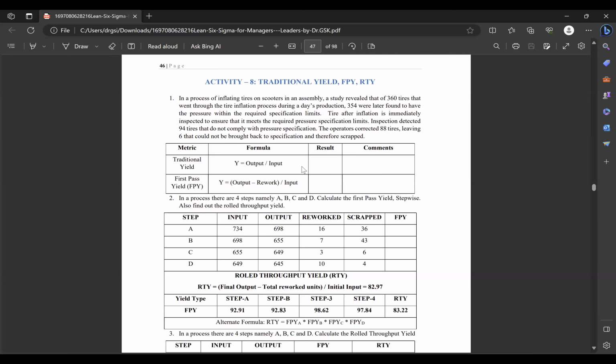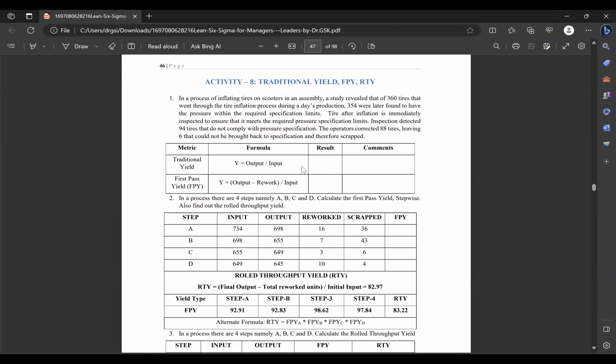You might think that everything is going well, but actually your performance is only 73 or 74%, whatever it comes. All of you understand the reason for using first pass yield? Yes, sir. Very good.